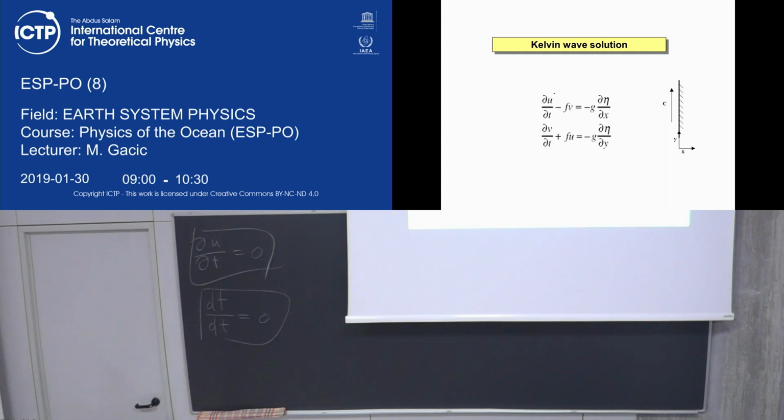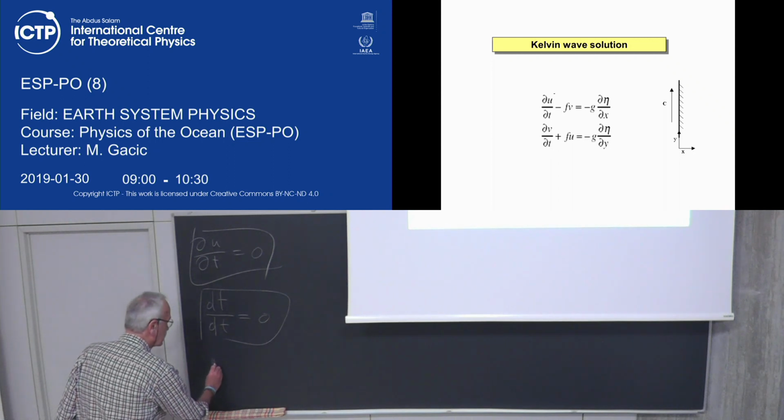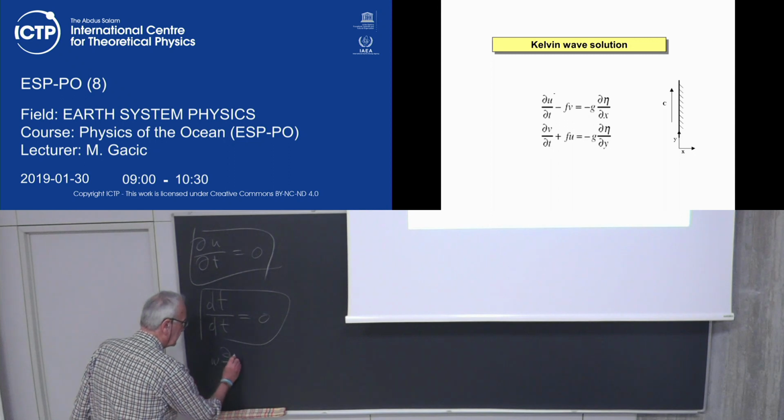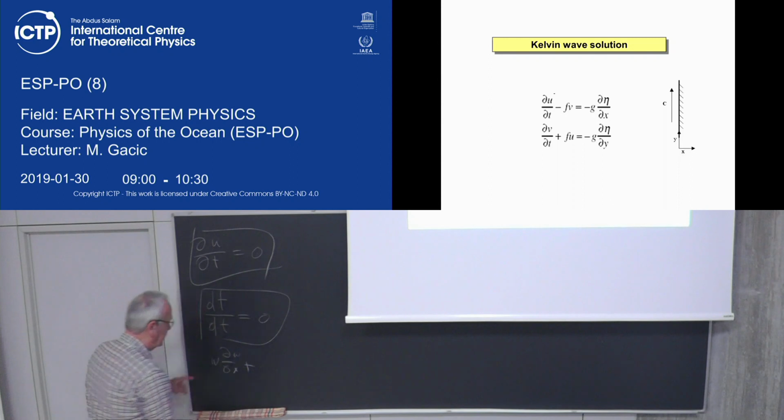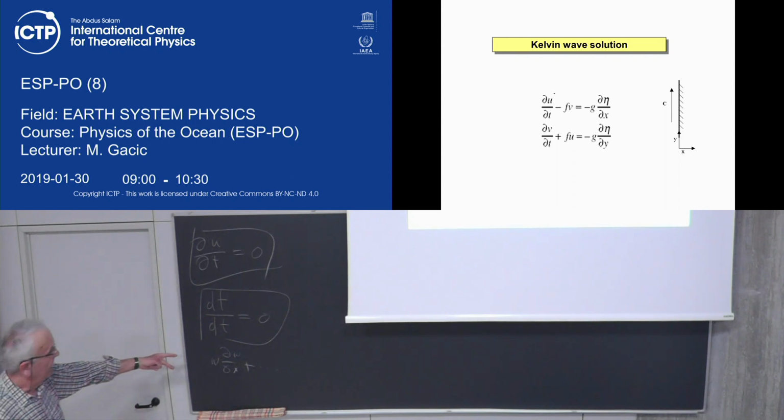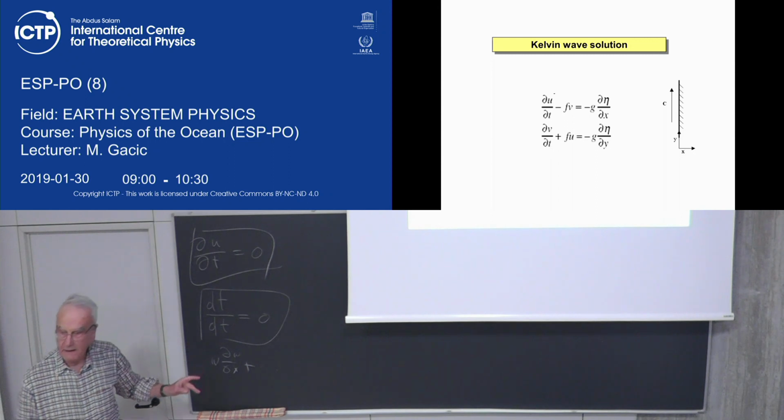The large spatial scales are those which help, first of all, to neglect the nonlinear terms. Nonlinear terms are the advection terms, which are this thing, for example. These nonlinear terms depend on the length scale.